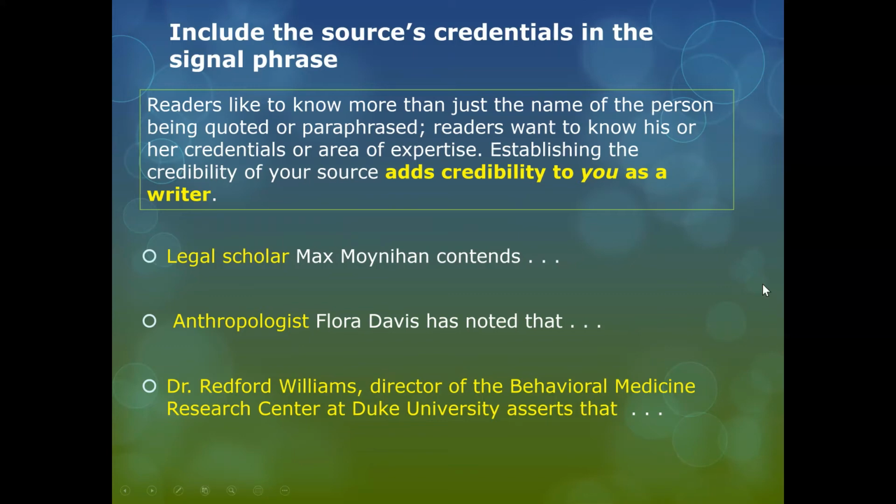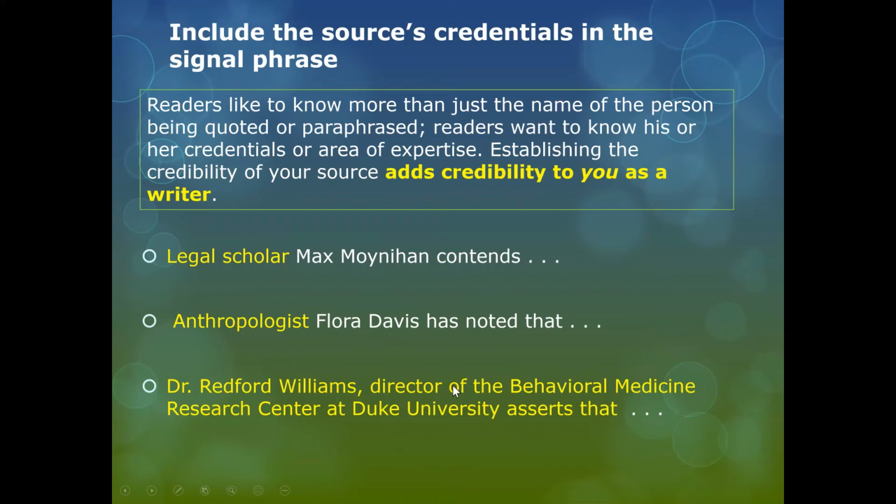All right, if you're making a point about human cultures, okay, let people know that Flora Davis is an anthropologist. Okay, and Dr. Redford Williams, director of the Behavioral Medicine Research Center at Duke University, fancy university. And this guy is a doctor, okay? You need to let your reader know that. And he's the director of a whole department at a fancy university.